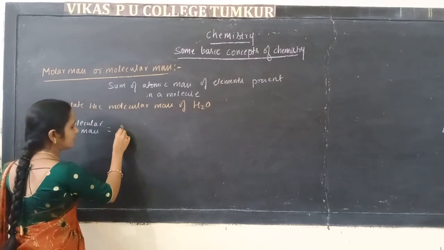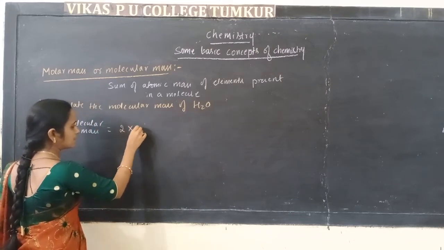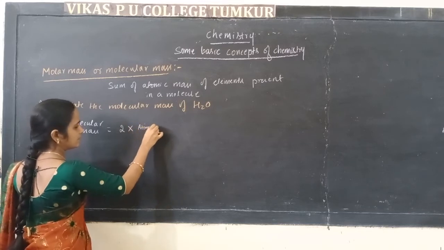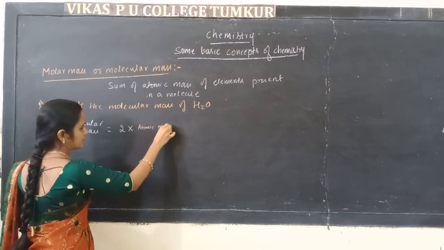Therefore, you should multiply 2 with the atomic mass of hydrogen.